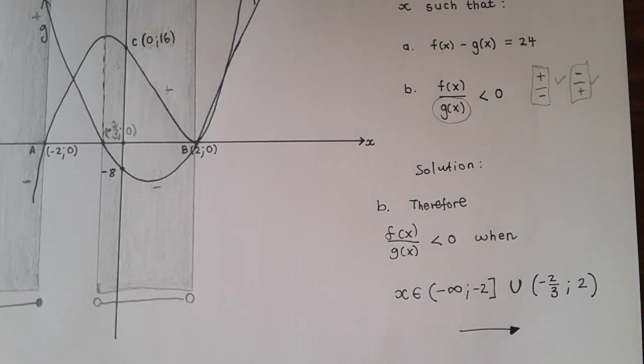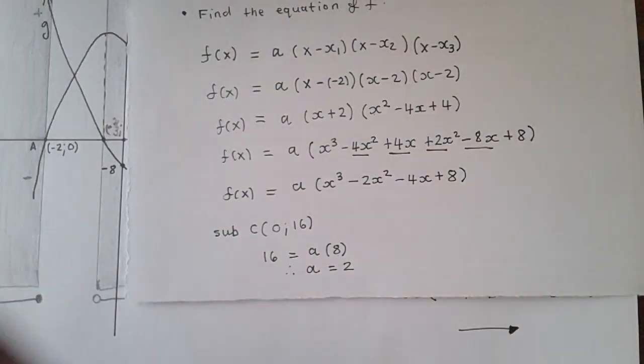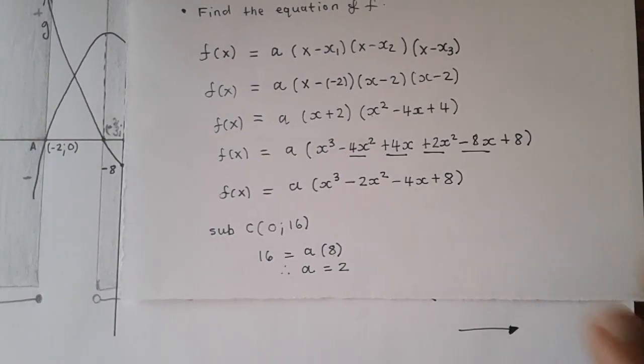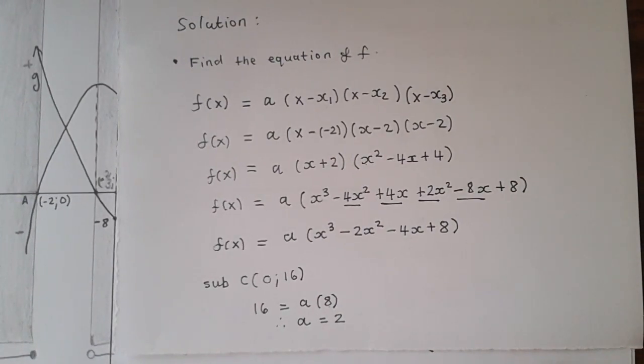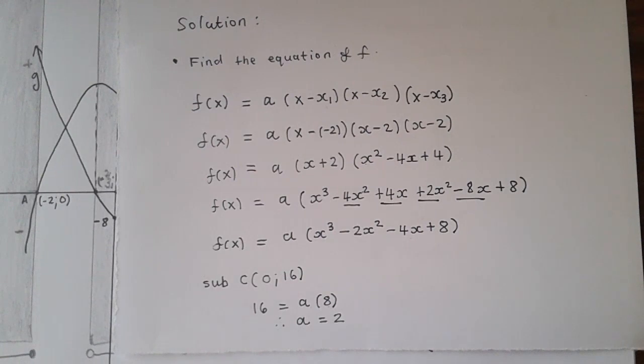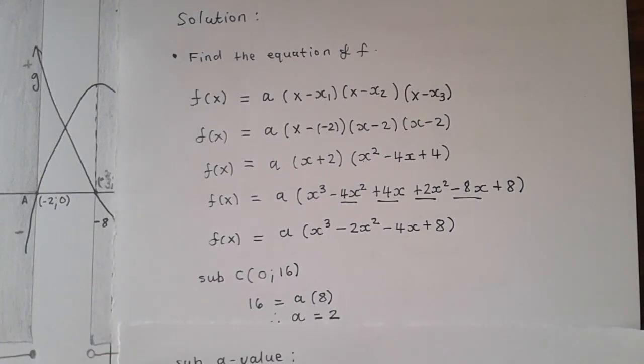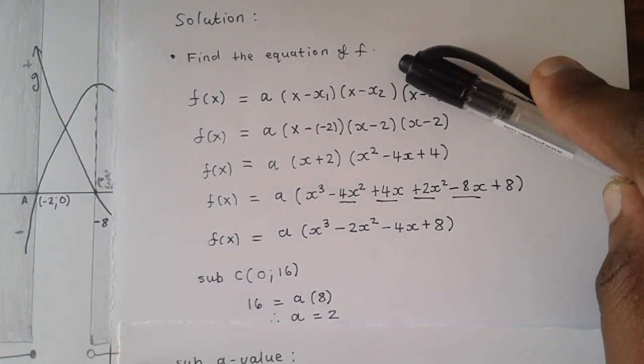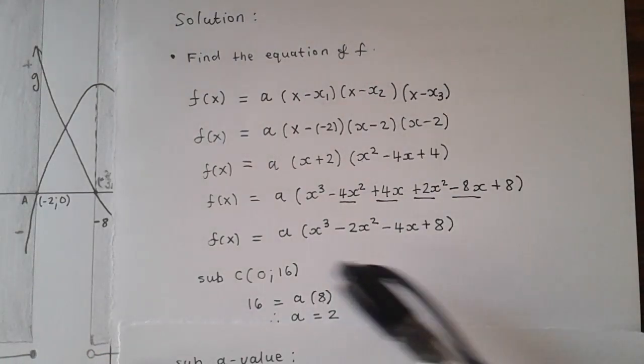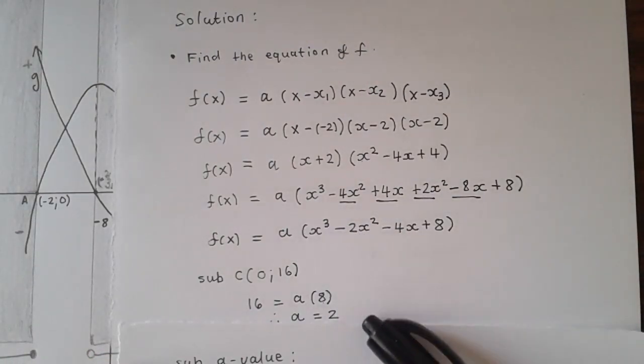Just to remind you, for the solution for A, if you just need a reminder, we first started off by finding the equation of f. So that required us to calculate the value of a first, and we did that.